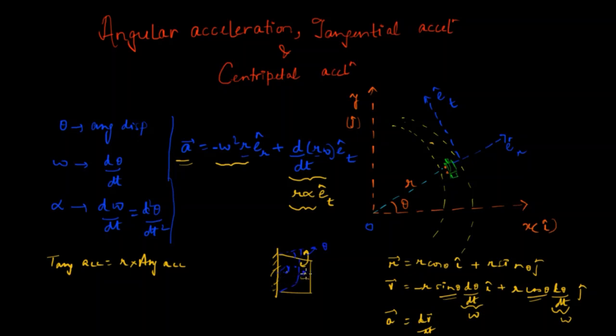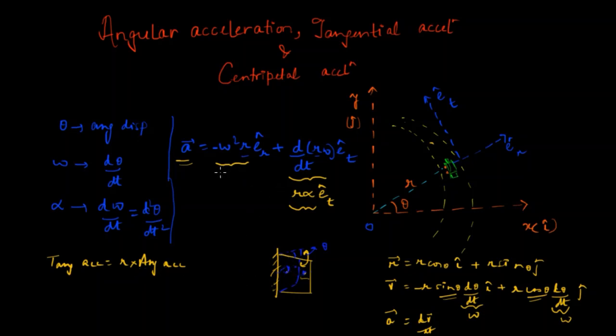So this point, while making an angular displacement of theta, actually covers a larger distance than this point, right? So obviously the tangential acceleration of this point will be more. So that's the difference. That's practically how you get a sense of the relationship between angular acceleration and tangential acceleration.